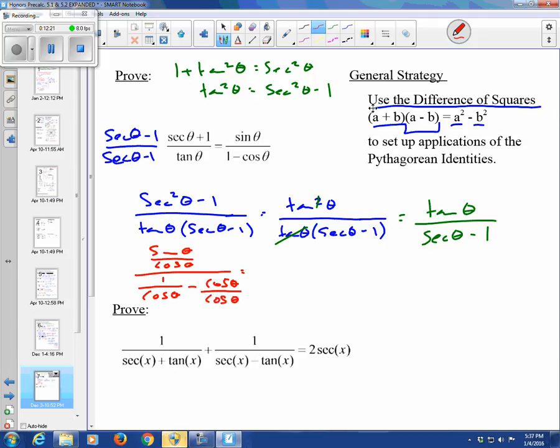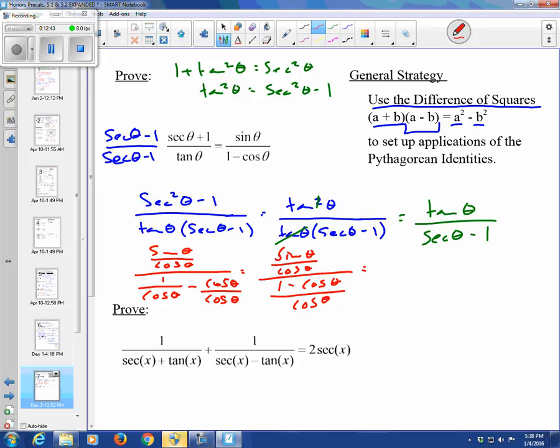And now we've got sine of theta over cosine of theta over 1 minus cosine of theta over cosine of theta.